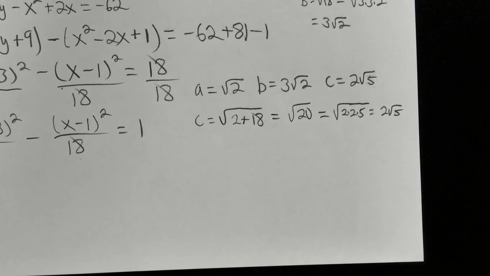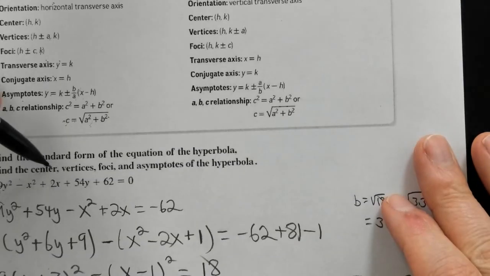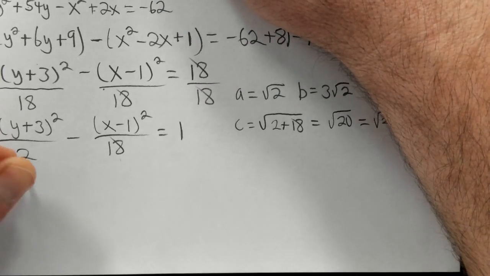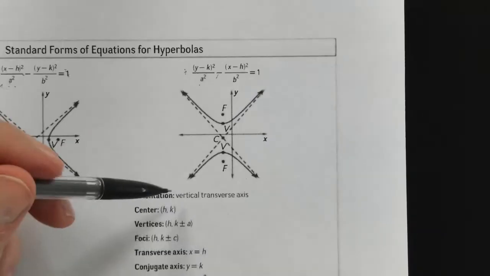From here, I'm going to use those values for a, b, and c in order to find the rest of the things they've asked me for, like the center. I may not need them for the center because the center is h and k. Make sure you're using the correct side.